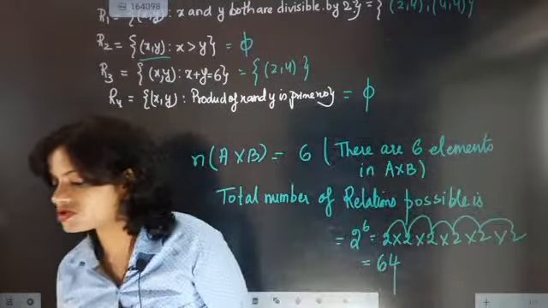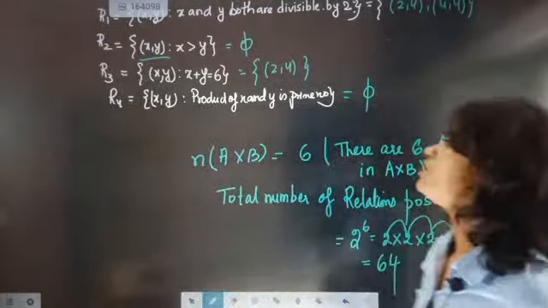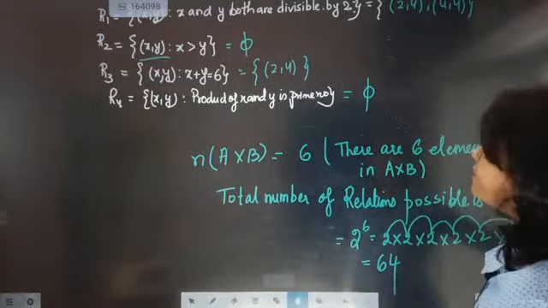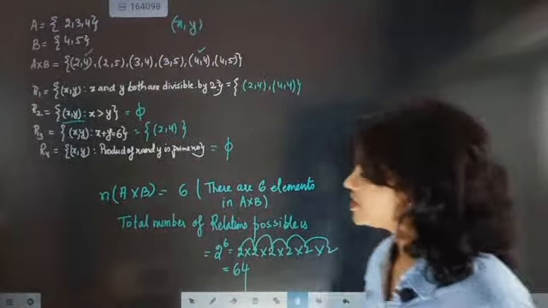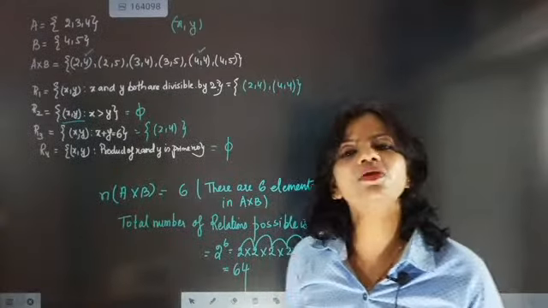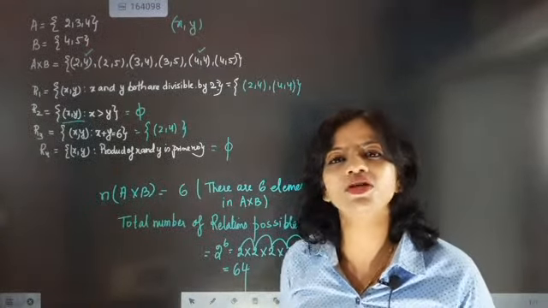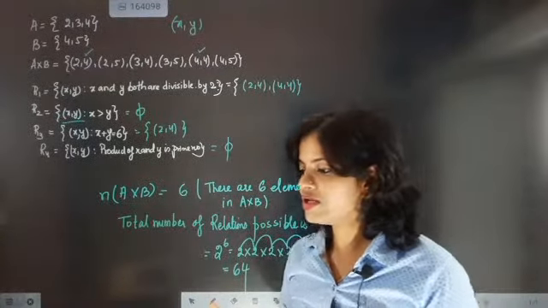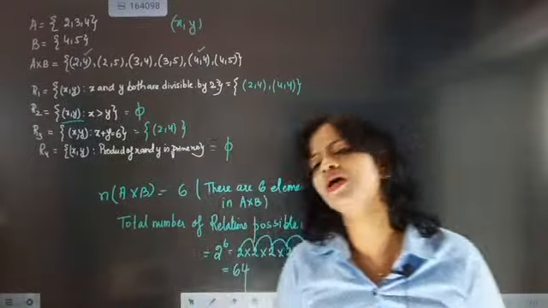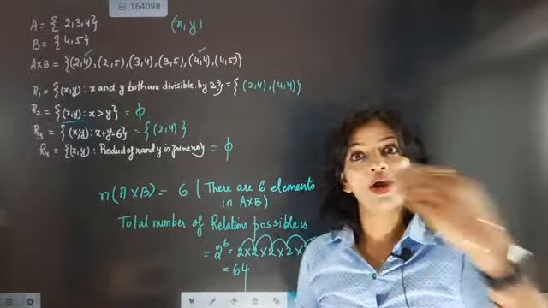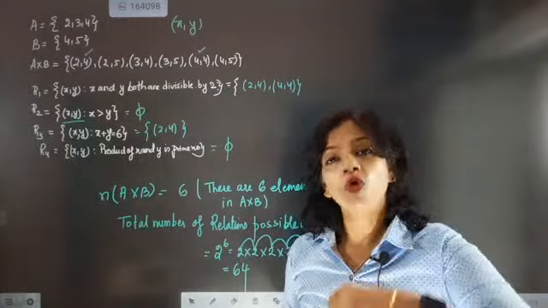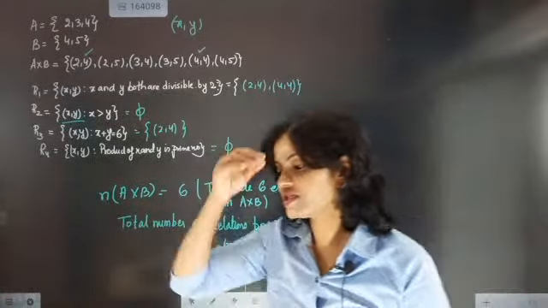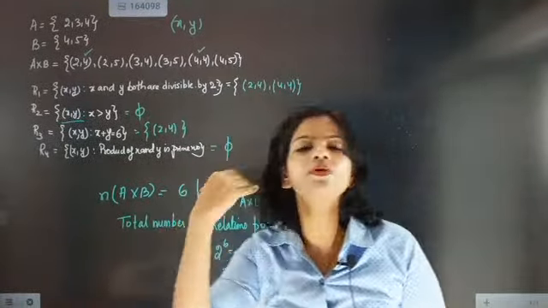And in those 64 relations, one relation will be the universal relation and one relation will be the void relation. What is the universal relation and what is the void relation? Out of that 64, one relation will be universal.